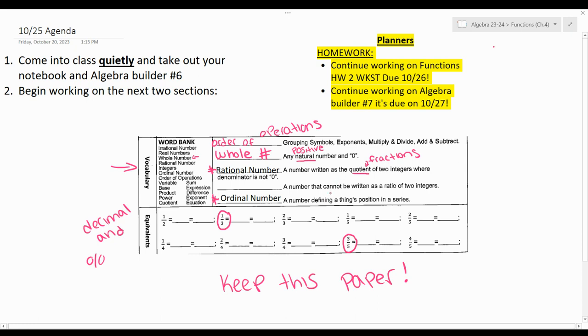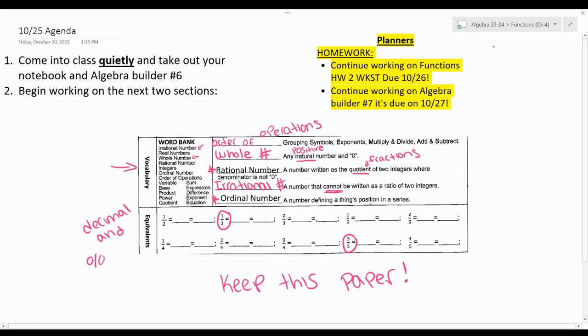Next one says a number that cannot be written as a ratio of two integers. Well, if the one before it was a combination of two integers, something that cannot be written with two integers is an irrational number. And the last one's filled in for you.